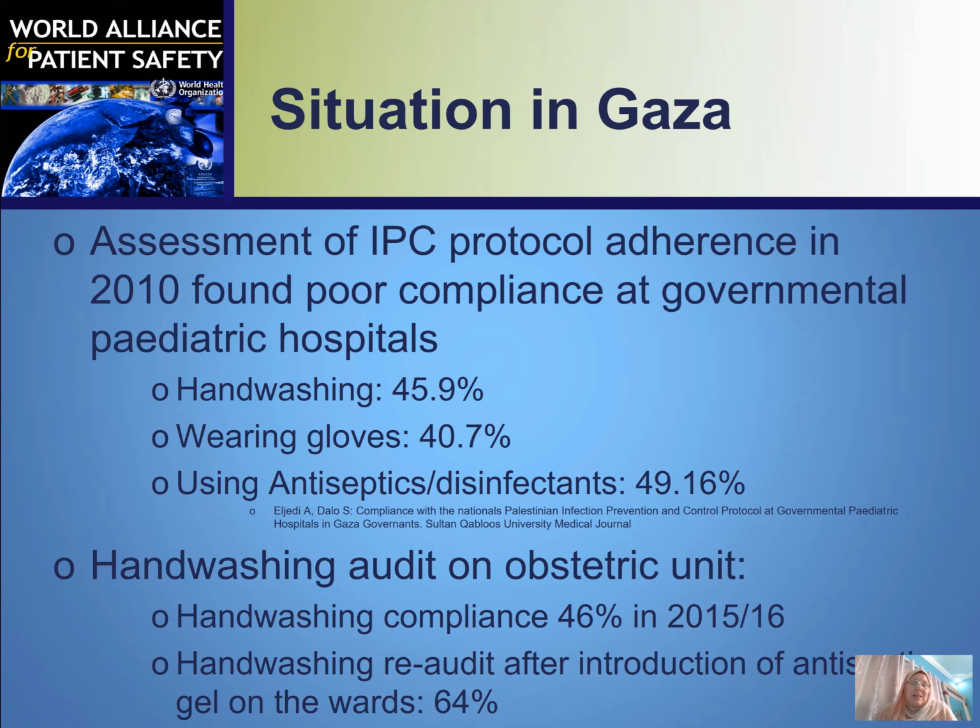Following this audit, disinfectant was provided on all wards, and this increased hand washing practice to about 64%. Also not much better, but since then a lot of interventions have been done, and a re-audit has been done, and this hand washing practice on this specific obstetric unit is constantly improving.